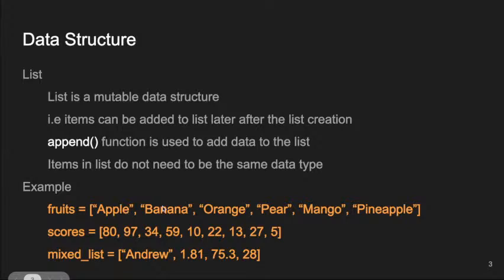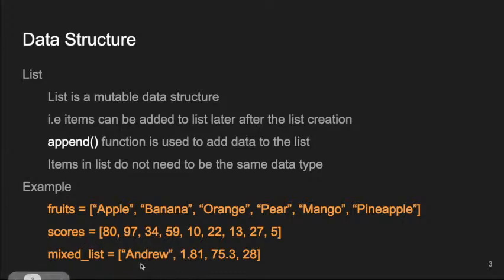All right, the next example here we have integers. So this is a list of integers. You see the first one is 80, 97, the last one is 5. As usual, square brackets, and each item is separated from the next using a comma. So this is assigned to the variable scores. And then we have a mixed list here.